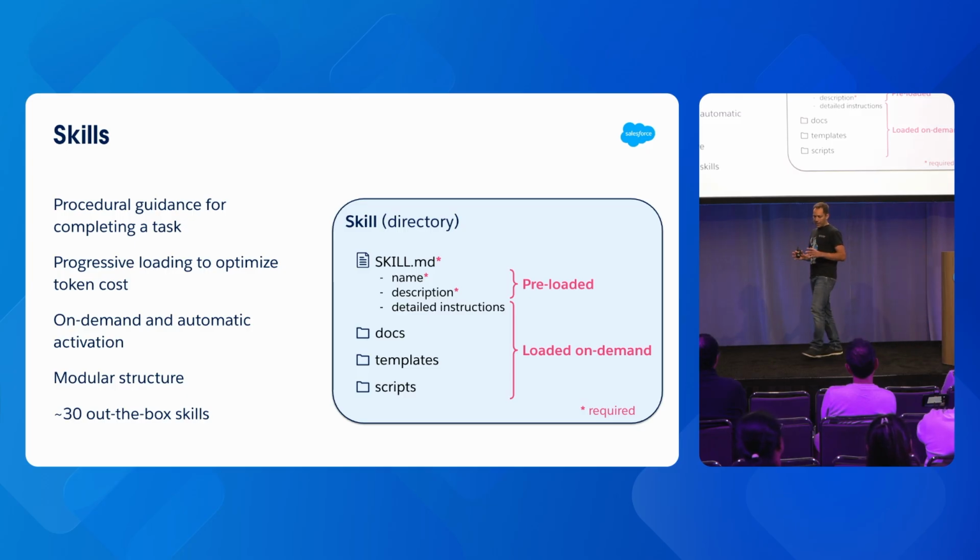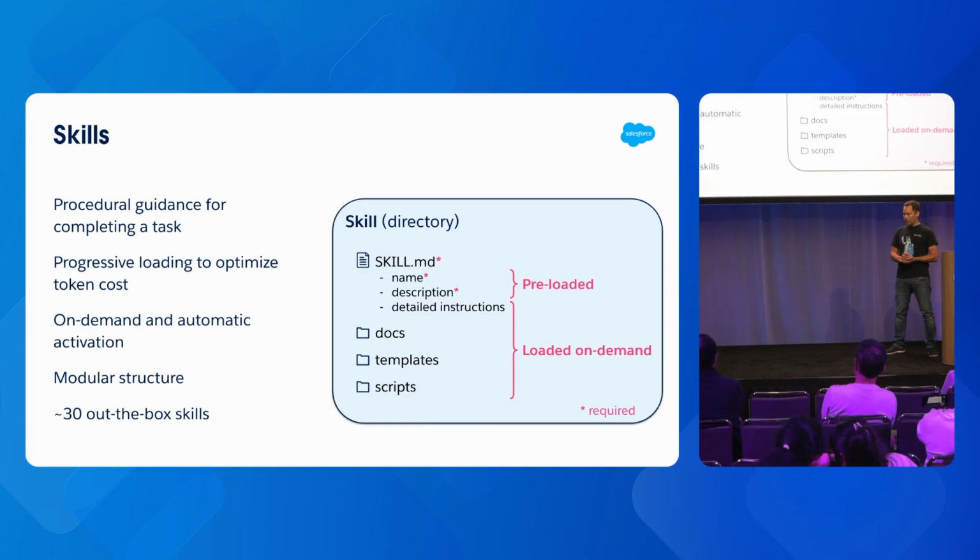So they have a short description and a name, and basically the dev agent will only load the name and the description of the skill, and will decide whether the skill needs to be loaded entirely to complete some instructions. This is a very neat, lazy loading mechanism that allows us to have a lot of skills, and right now there are about 30 of them, and this number keeps on increasing. That helps us to activate the right tool and do the right work.